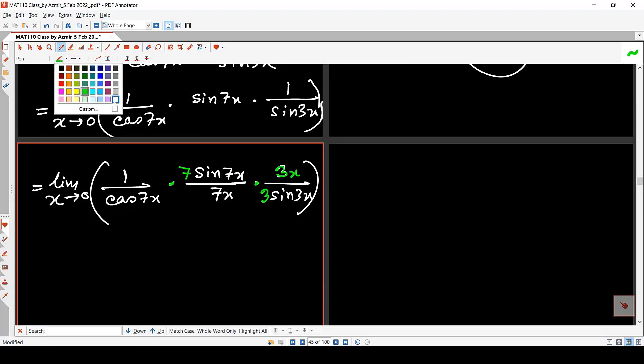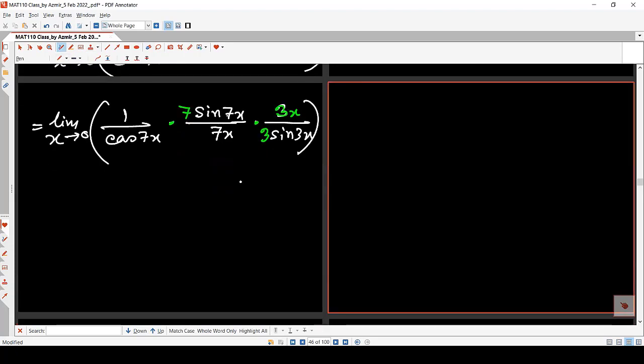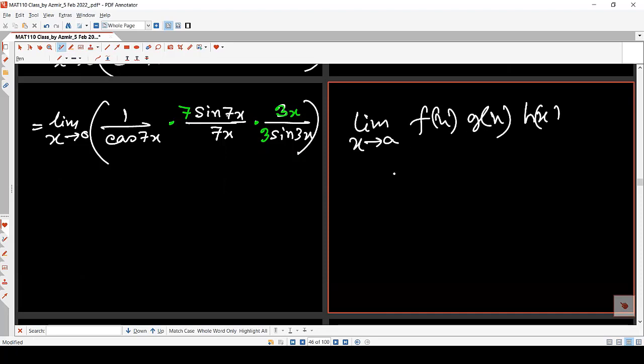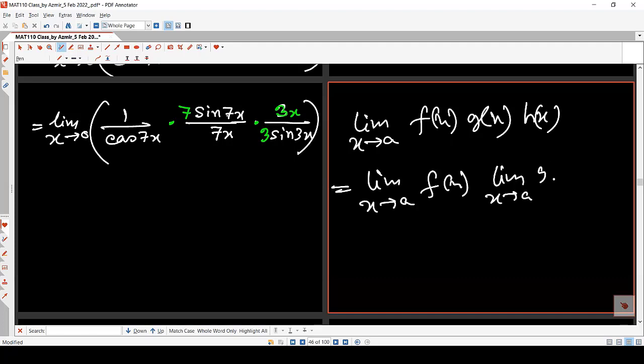What we can do now, we know that we have the product law, that is limit x tends to a, f of x times g of x. Suppose we also have the case of h of x. So we can write limit of f of x times limit of g of x times limit of h of x.